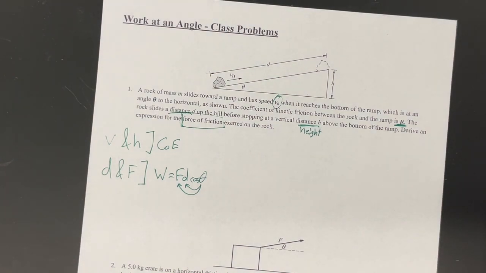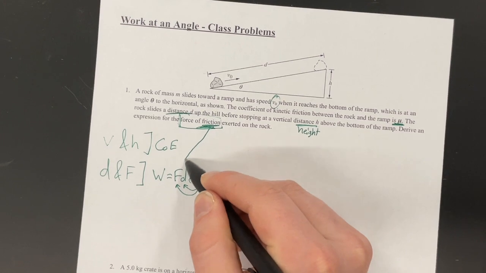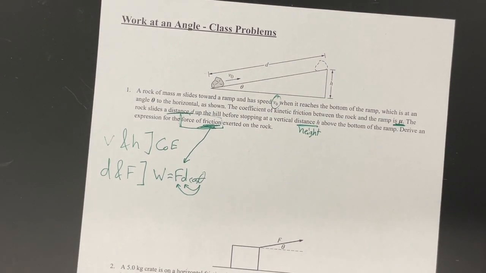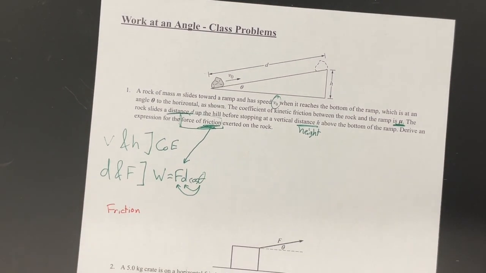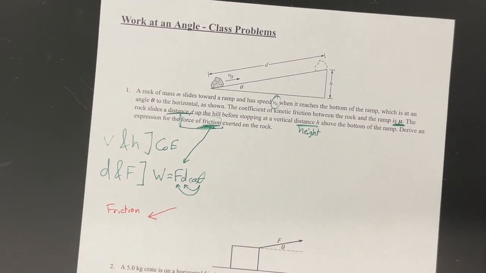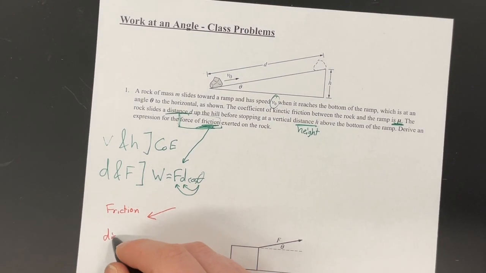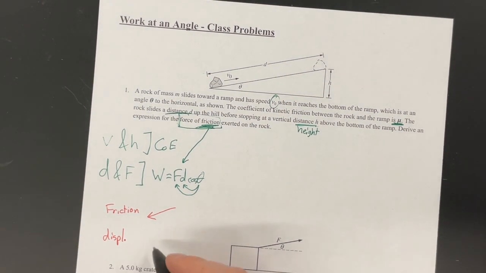In this case, it's the force of friction that's working here. As the block slides up the ramp, what direction is friction? Against the motion, down the ramp. What direction is displacement? Up the ramp.